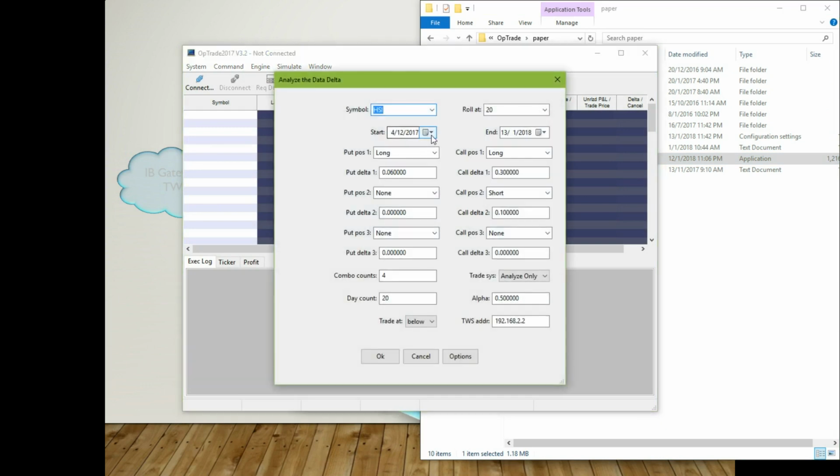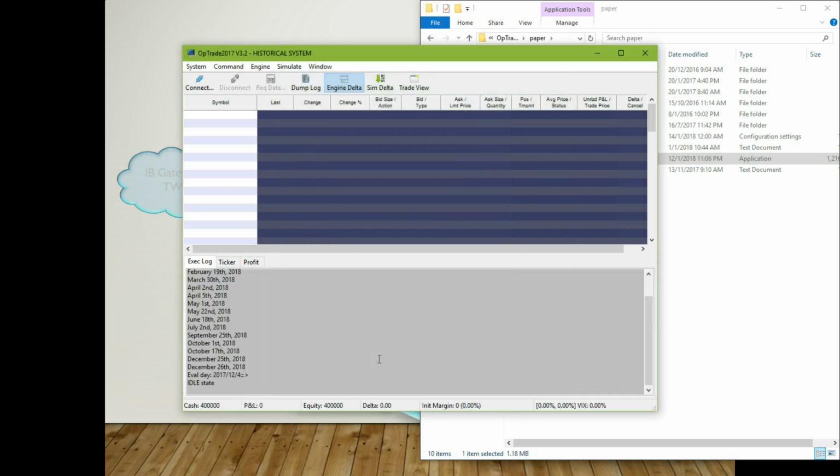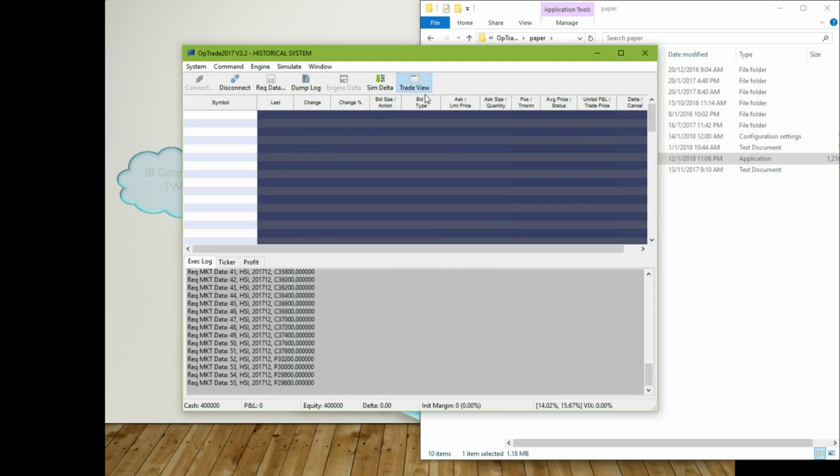Here I can choose the time period for replaying the market. For example, I can choose to replay the market for the first week of December 2017 with these trading parameters. In contrast to the real-time system that I have demonstrated in the previous video, the historical system is replaying the market by reading the database file locally.